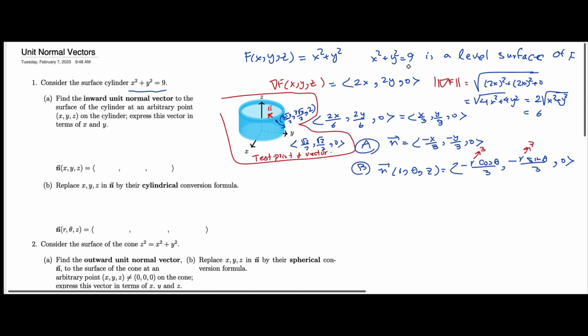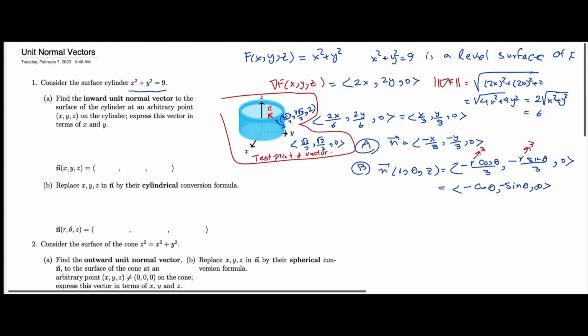Because on this level surface, r is always 3. X squared plus y squared is equal to 9, r is equal to 3. Now, after simplification, what I get is minus cosine theta, minus sine theta, and 0. And that's my unit normal in that direction.